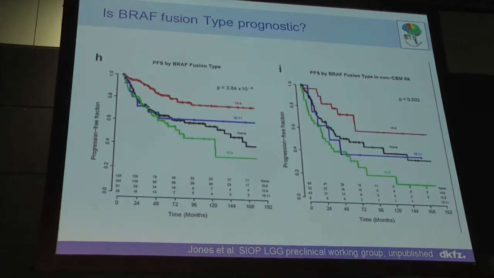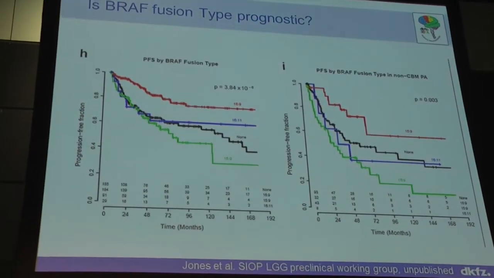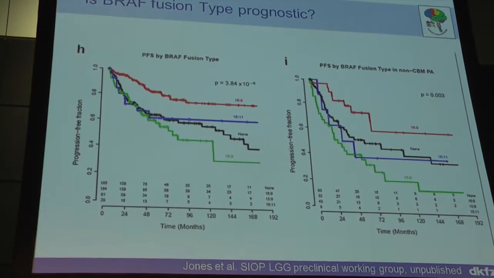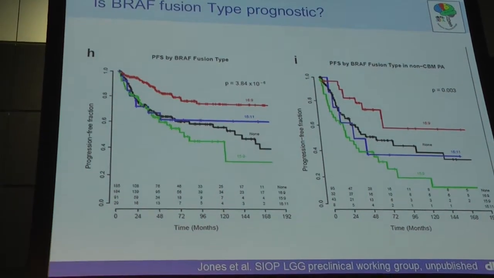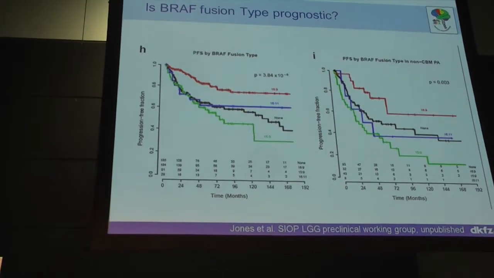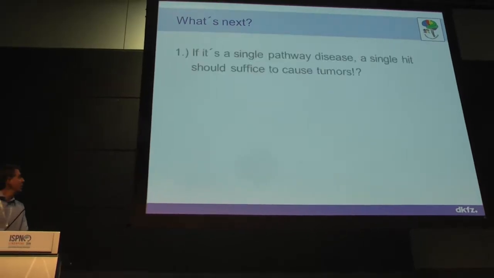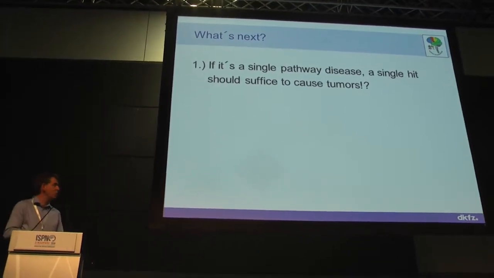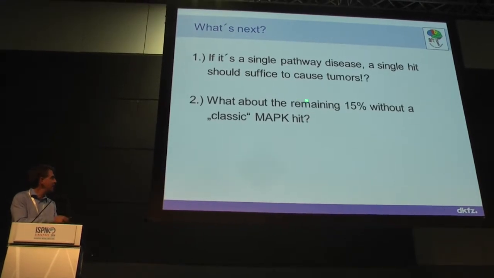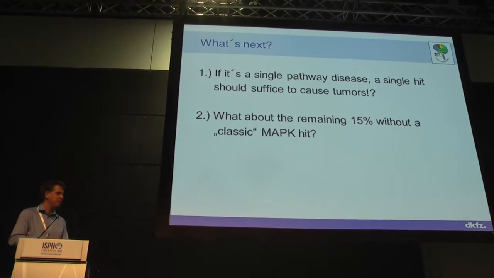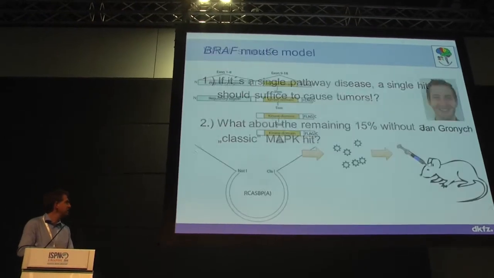We know that they have some bias in terms of where they occur, in terms of anatomic compartment, but even independent of that, they seem to have slightly different biological function, and it will be very interesting to study that further. So then the next question, as I said, is whether the single hit is sufficient to cause tumorigenesis, and what the remaining 15% are, or whether they can be explained with a MAP kinase hit as well.